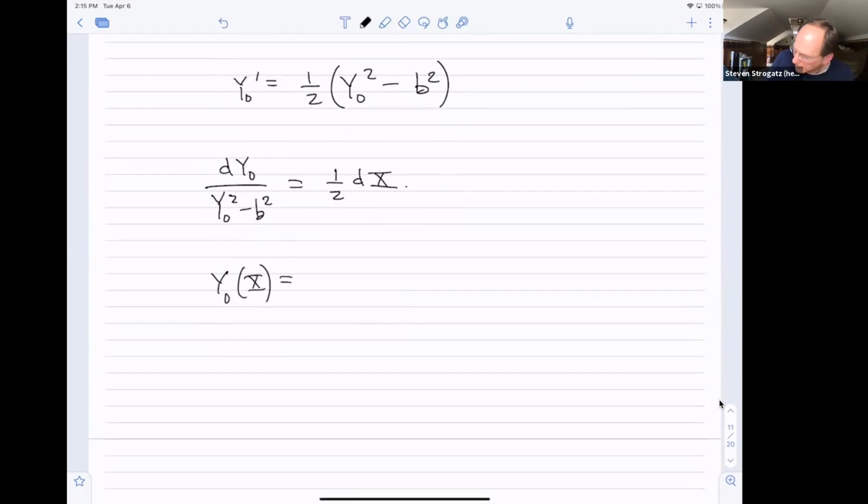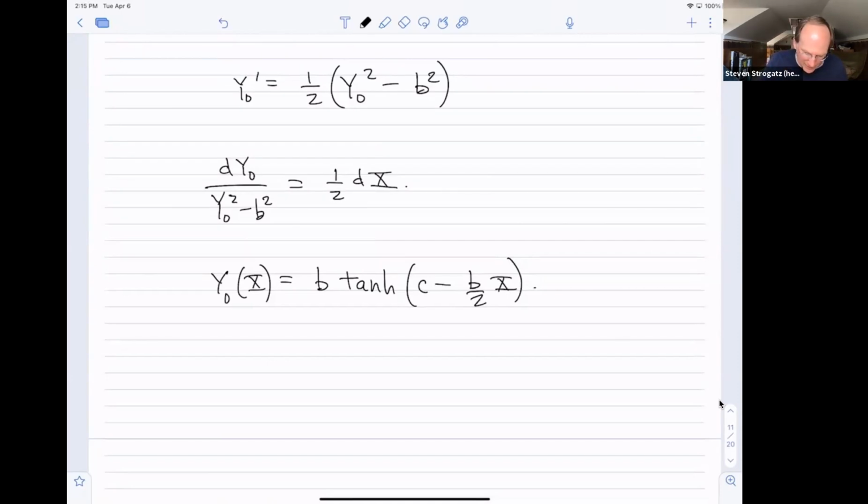Y0 of X is b times hyperbolic tangent of some other constant c minus b over 2 X. So in the interest of time, let me jump ahead here.